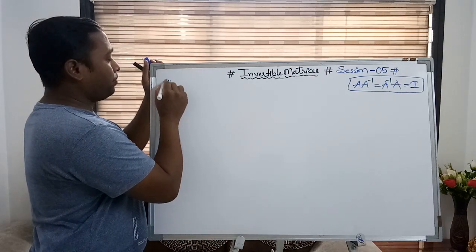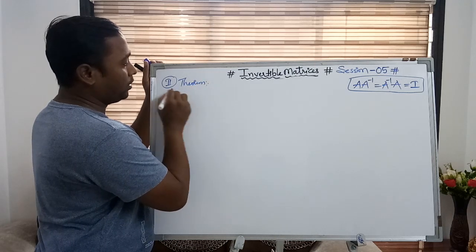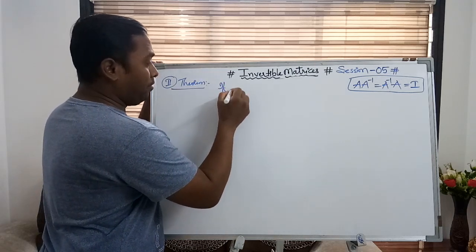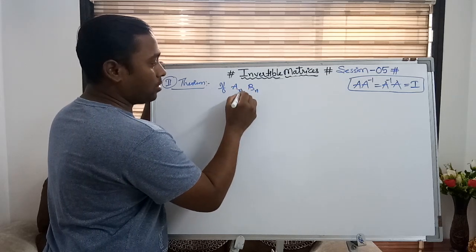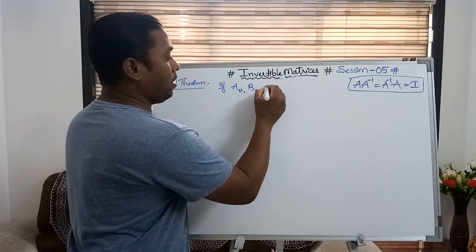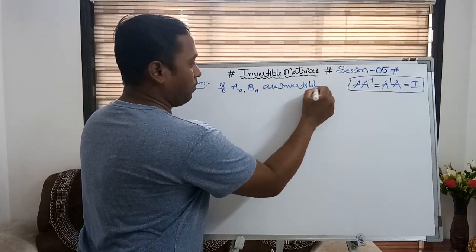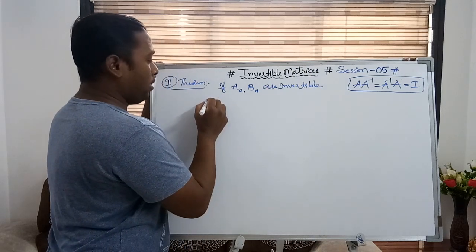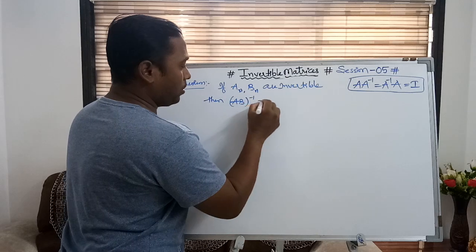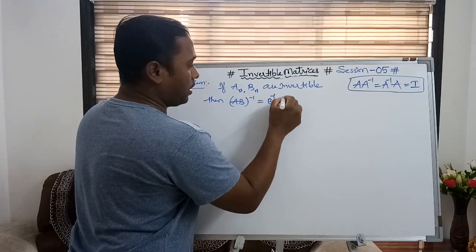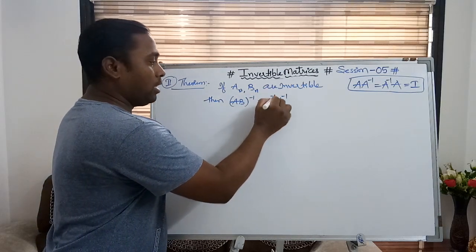Now the second theorem says what? If A and B are square matrices of the same order and they are invertible, then you can say that AB whole inverse is equal to B inverse into A inverse. Remember what I am saying here.